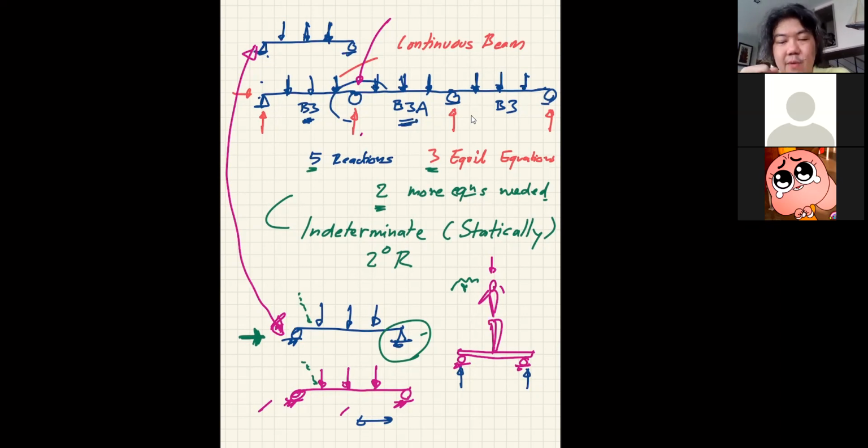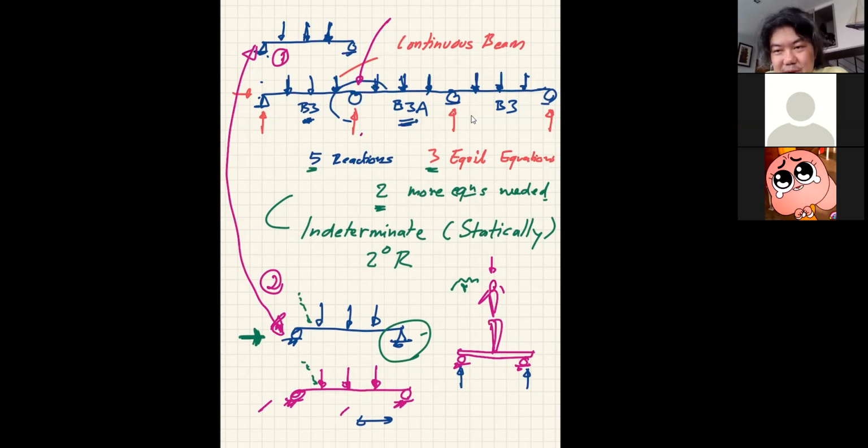That's the engineering way, folks. Now let's come back to the first question. Beam number 1 and beam number 2, switching the roller and the hinge. What difference does it make?